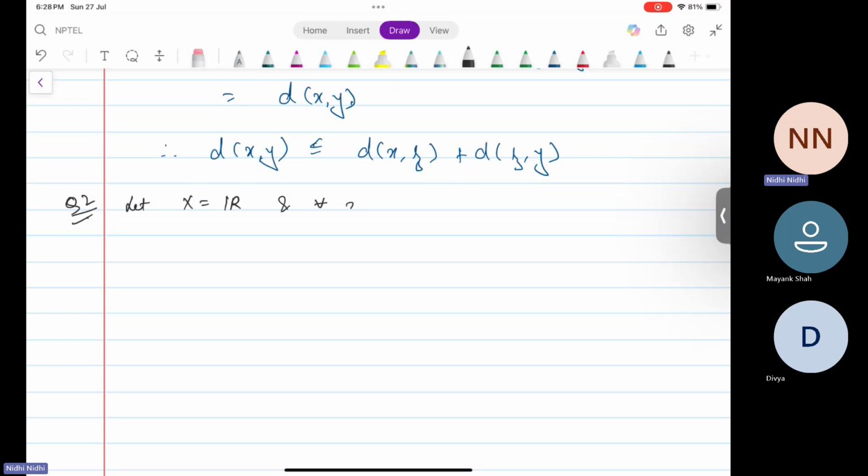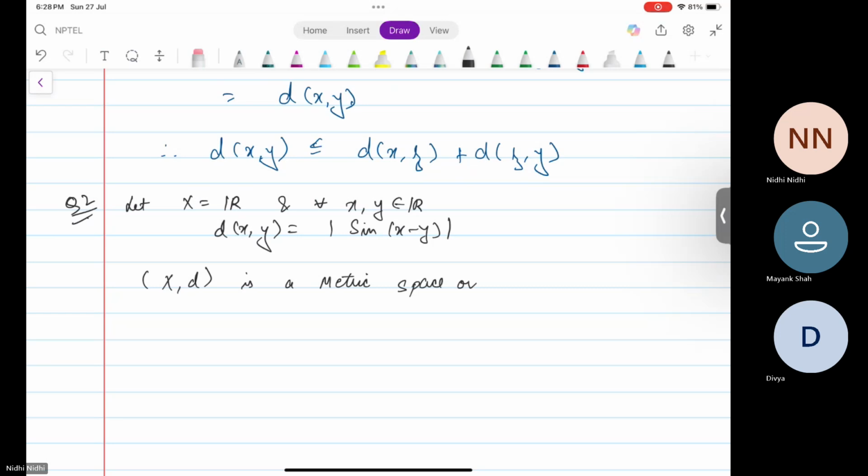And for every x, y in R, we define dxy to be equal to mod sine x minus y. So tell me whether this forms a metric space or not. This is just a one step solution.